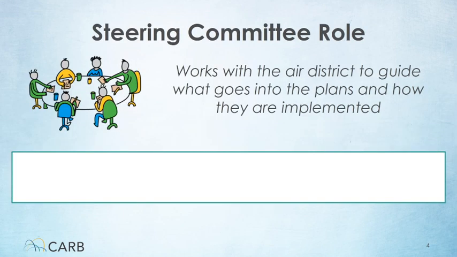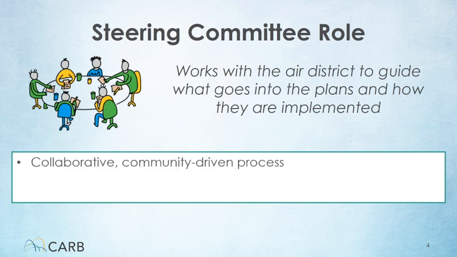So what is the role of the Steering Committee? Steering committees work with air districts to guide what goes into the local plans and how they are implemented. Successful community emissions reduction programs and community air monitoring efforts are the results of a collaborative, community-driven process, and the steering committee is the key mechanism to ensure community participation and leadership.